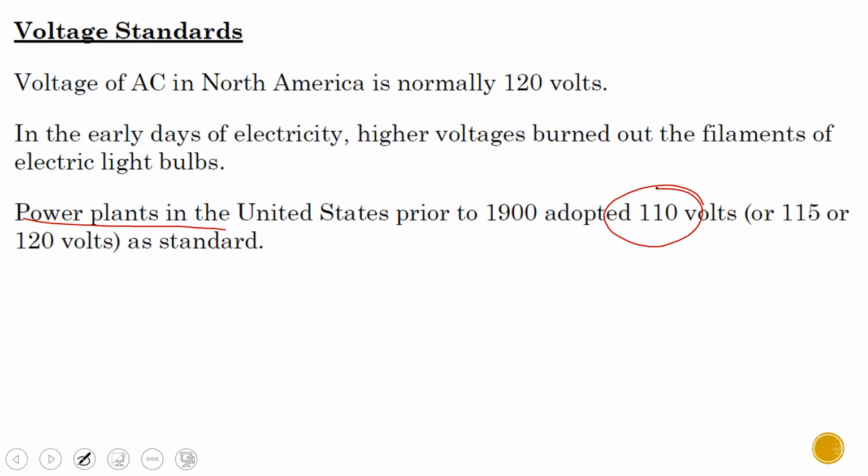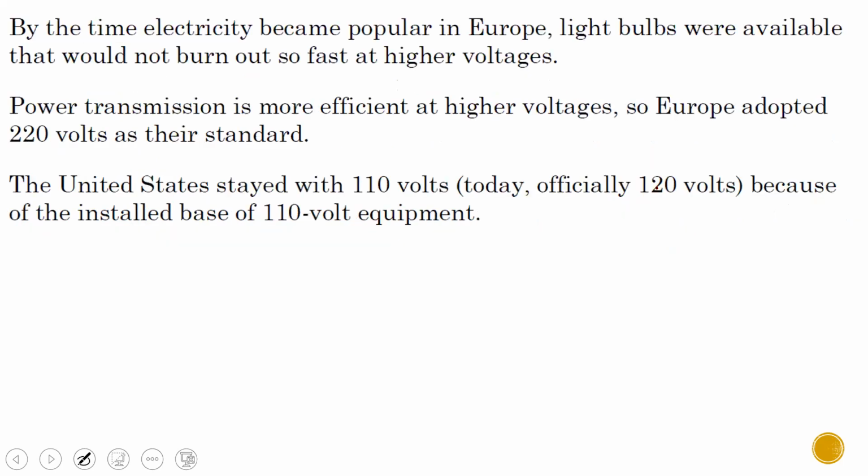After that, electricity became popular in Europe. The light bulbs were available now, but they didn't want them to burn at the higher voltage, so they used 220. America made the standard voltage of electricity 110.